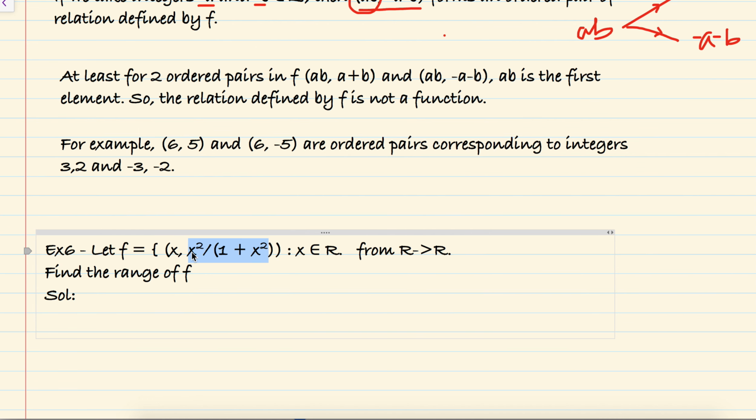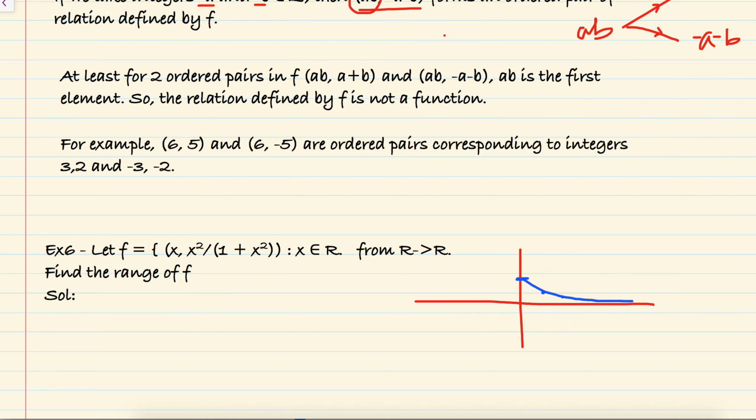It will go close towards 1 at infinity. At 0, if x is 0, then it's 0. If x is 1, then it's 1 by 2, so it's 0.5. If x is 2, it's 4 upon 5, it's 0.8.